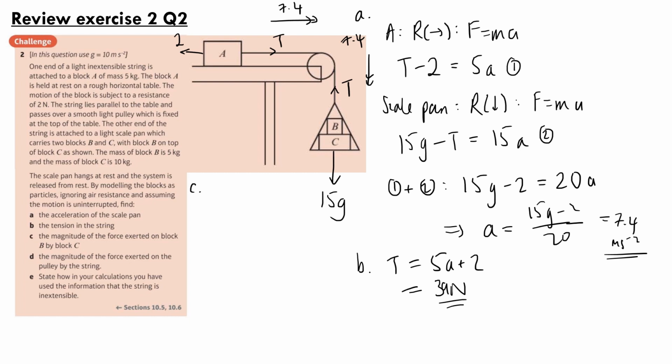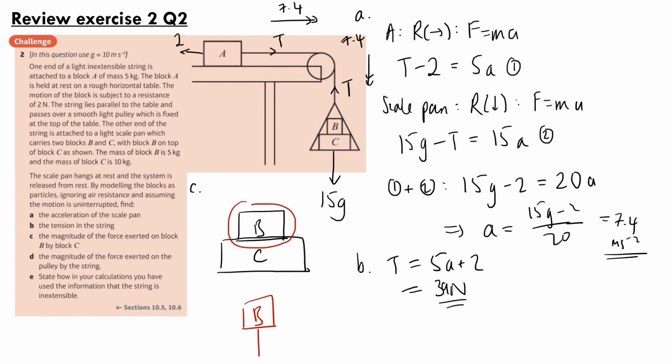So if we look at the blocks B and C, if I draw them out again here, what's actually going on is that if we focus on B only, B experiences its own weight, so that will be 5g, and also a normal reaction force from C, and we'll call that RC.